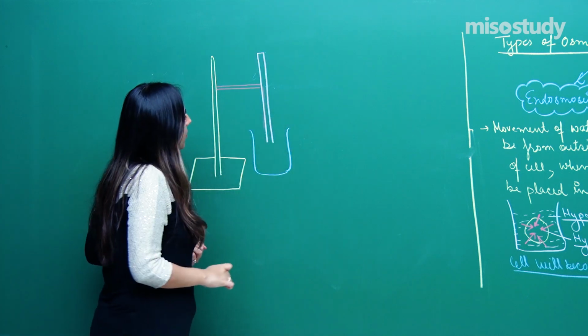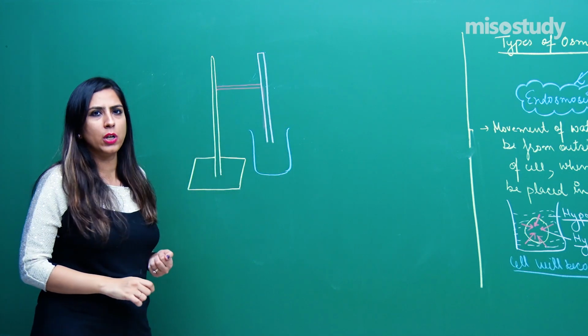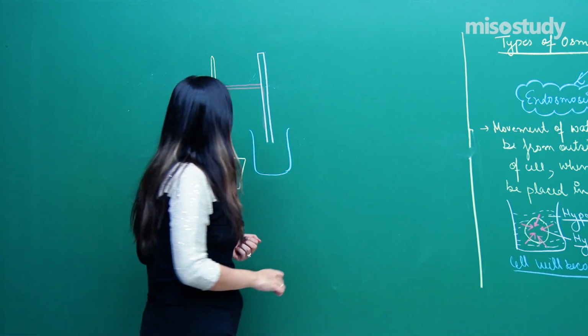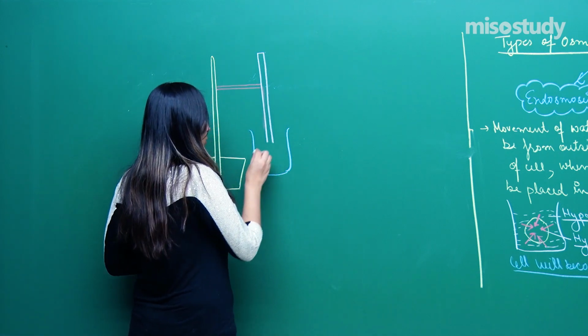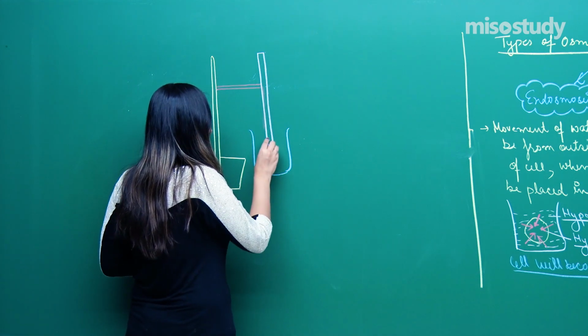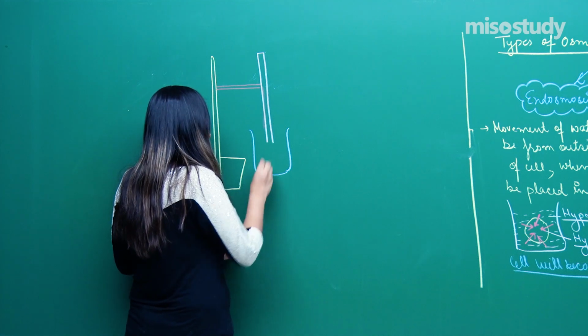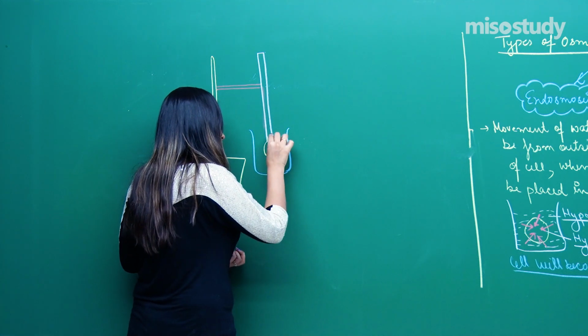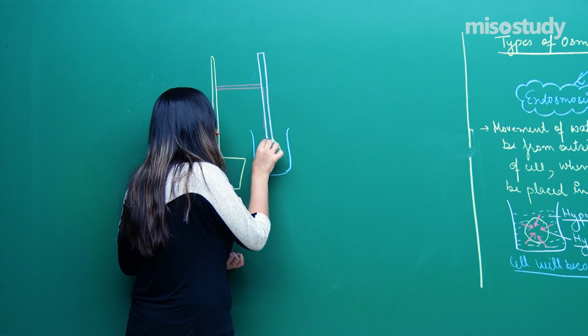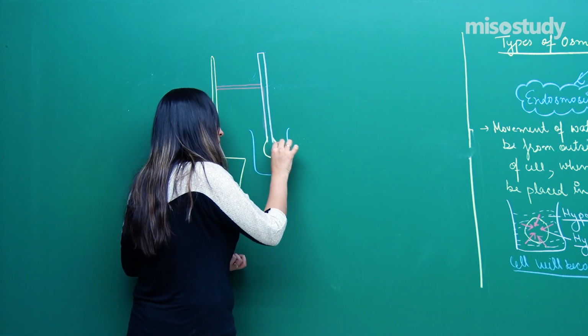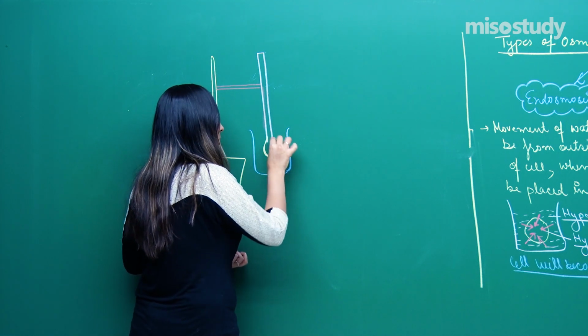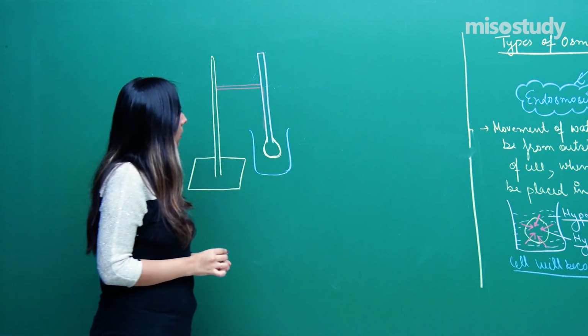In this pipette-like structure, I have filled a glucose solution, or you can say a sugar solution. And this sugar solution, I have bound with the help of a cloth. And that cloth, I will call it a semi-permeable membrane. Right?